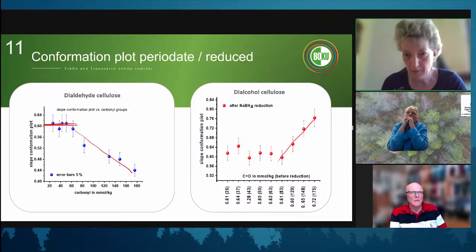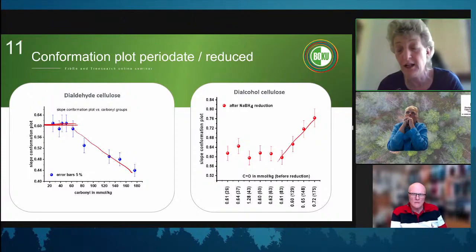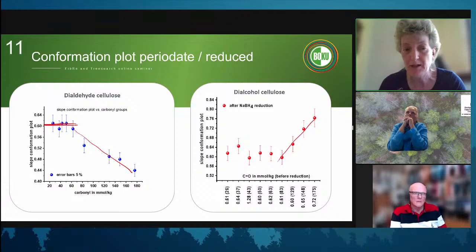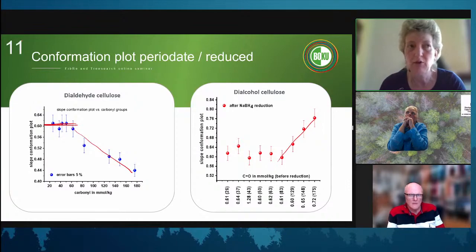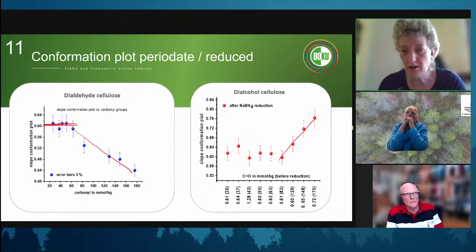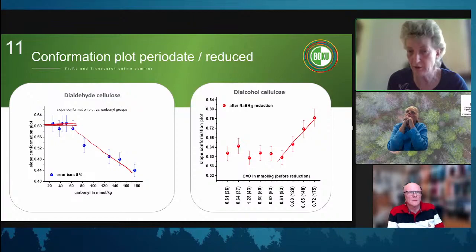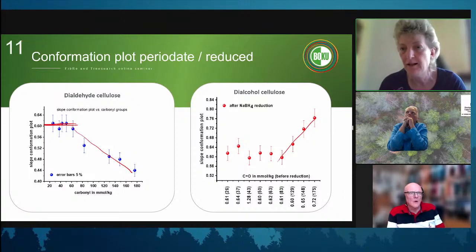It's also very difficult for dialdehyde cellulose, and even more so for dialcohol cellulose. The reason is because you have to go through a solvent exchange where you cannot be sure that you collect every little molecule of cellulose in your filters. But the change in the slope of the conformation plot is so large that we can assume that it is a real effect. Okay.